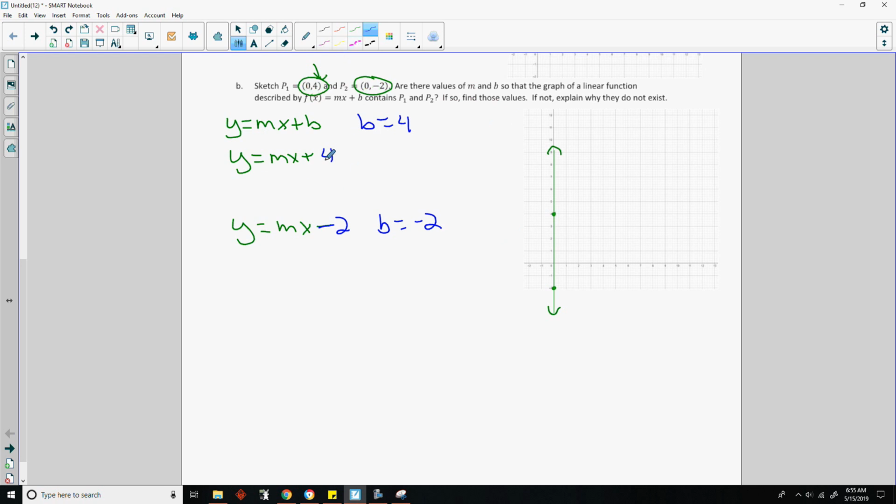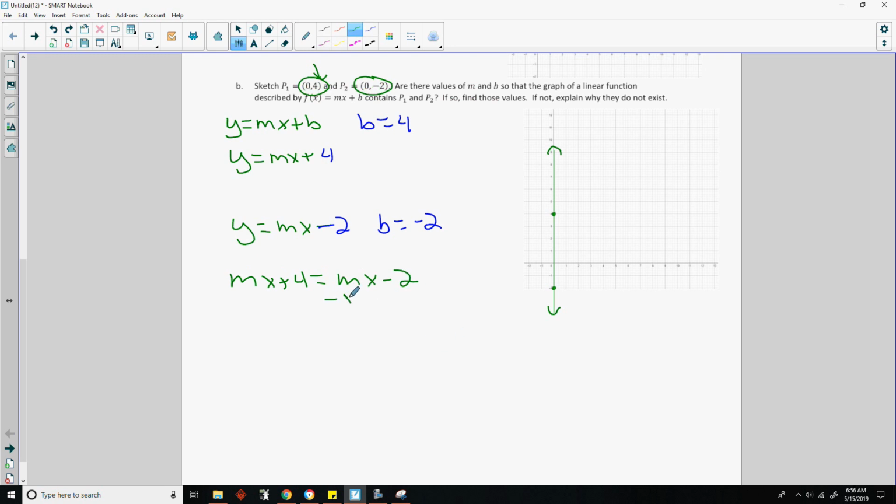So if y equals mx plus 4 and y equals mx minus 2, then mx minus 2 must equal mx plus 4 by the transitive property, right? If a equals b and b equals c, then a equals c. So then I'd have mx plus 4 equals mx minus 2.